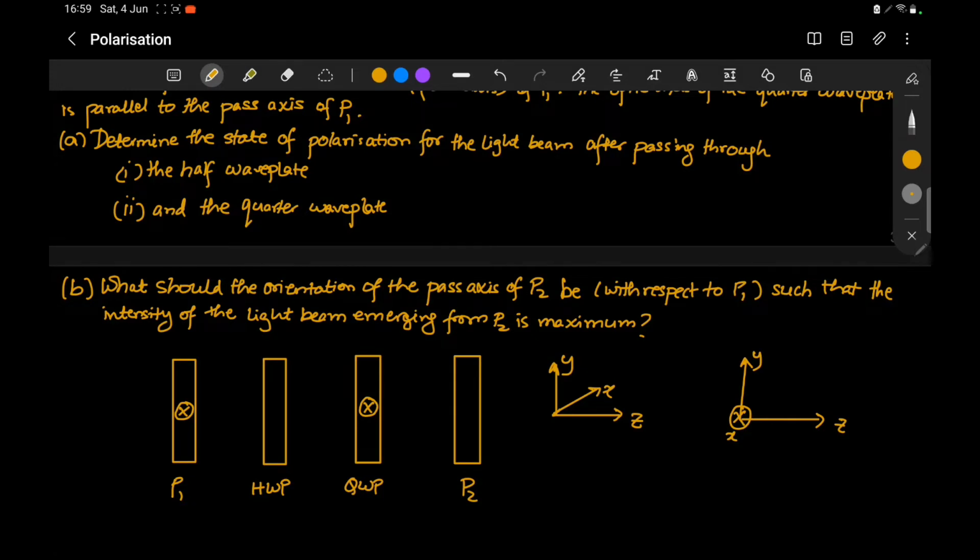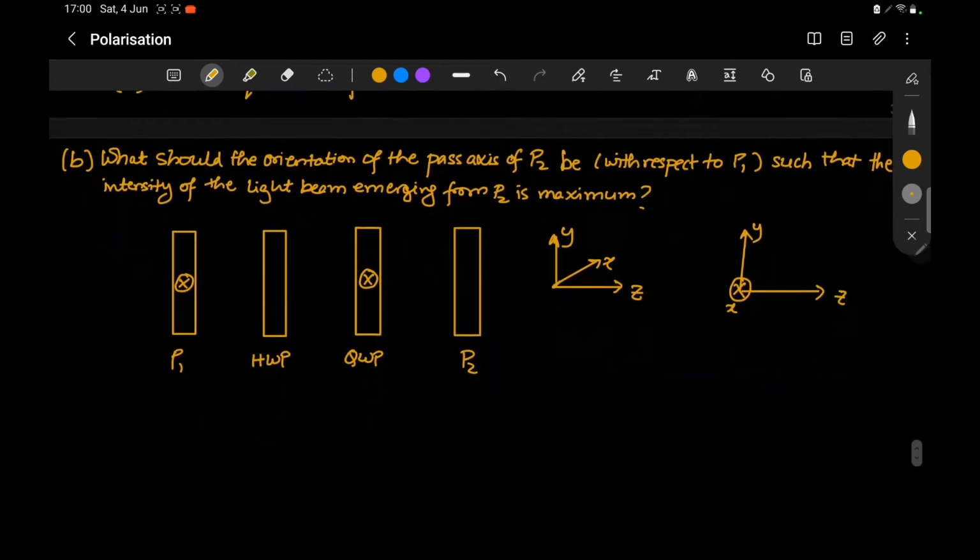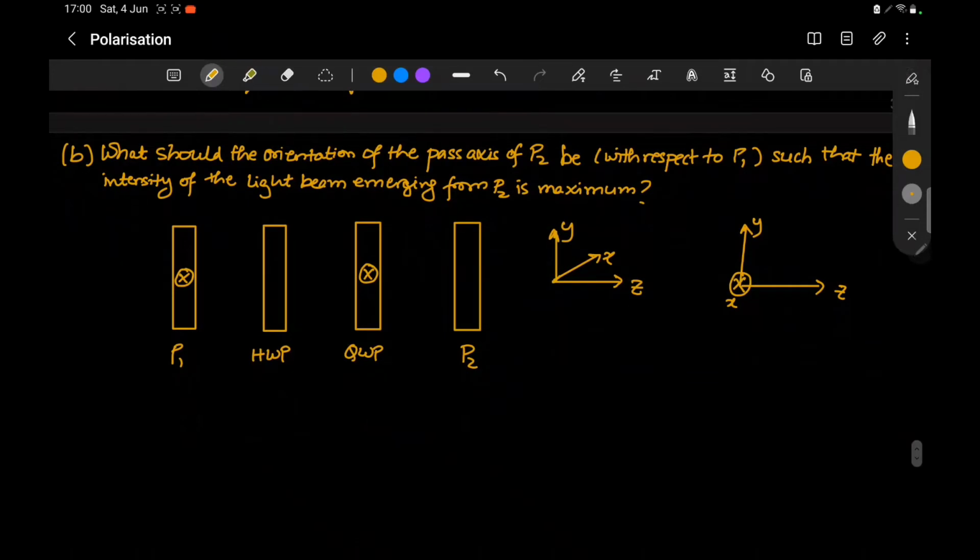So let us assume, without loss of any generality, that both of them are along the X axis. And we are given that the fast axis of the half wave plate makes angle 30 degrees with the transmission axis of P1. So let us start solving the question.